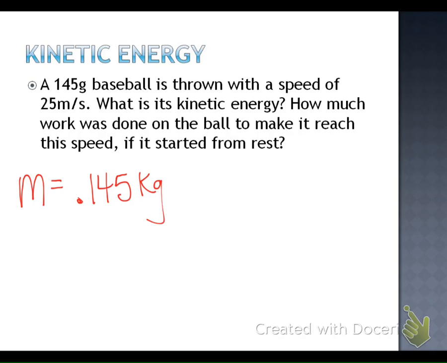So we have our mass, we have our velocity, which is 25. Is this going to be our first velocity or our second velocity? Second, because it says it starts from rest. So v sub 1 should equal 0.